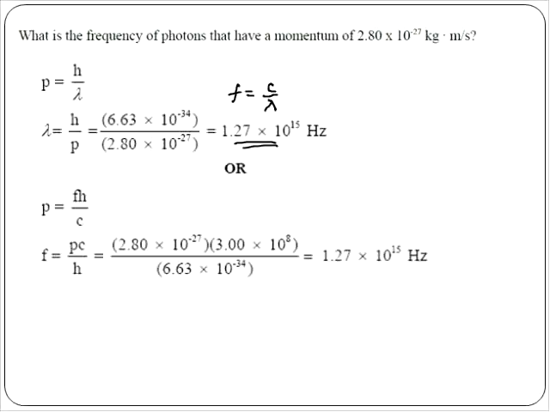So c over lambda is equal to f. That's where that equation comes from, which is what gives you that answer. So either way, you can find the lambda first, then change it to a frequency, and you get that answer. Or you can do it all in one step, and you'll still get the same answer.